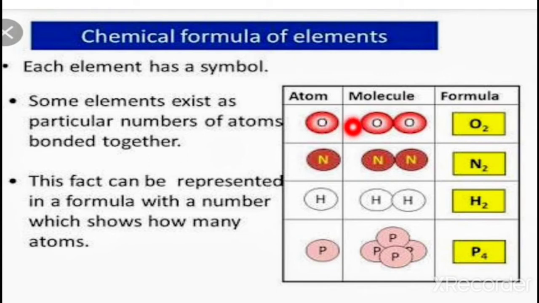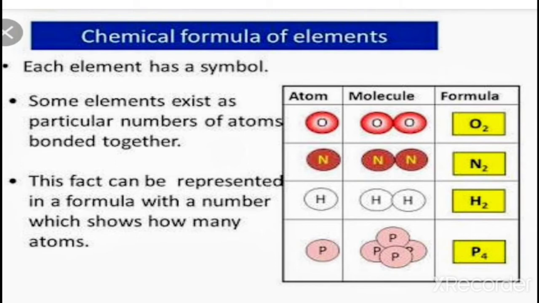It represents that two oxygen atoms are present in one molecule of oxygen. Similarly, the chemical formula of ozone gas, which we already discussed in the last chapter, is O3. It represents that three atoms of oxygen are present in one molecule of ozone.